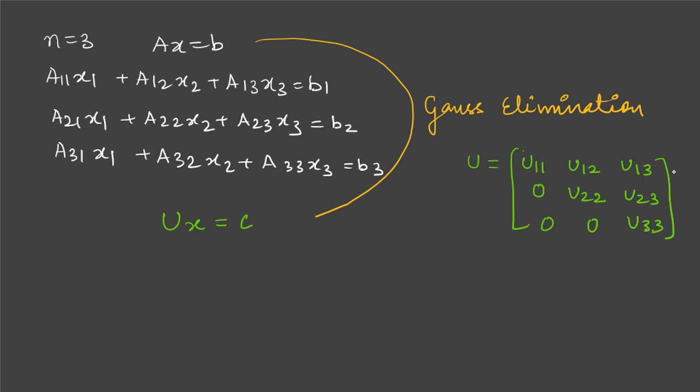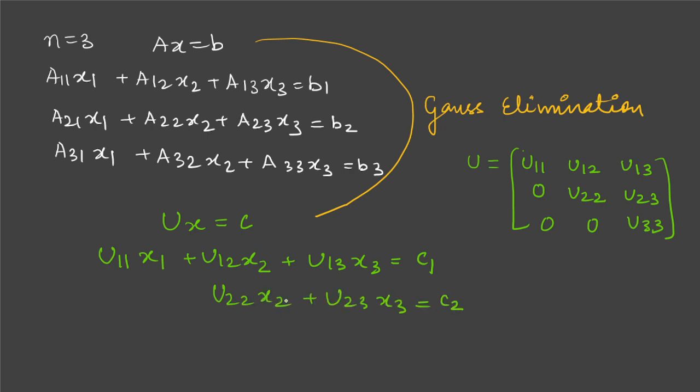If you write this Ux equals C again, it becomes u11x1 plus u12x2 plus u13x3 equals c1. Next, u22x2 plus u23x3 equals c2. Next, u33x3 equals c3.